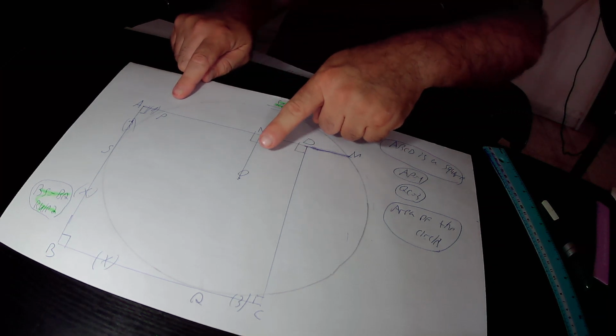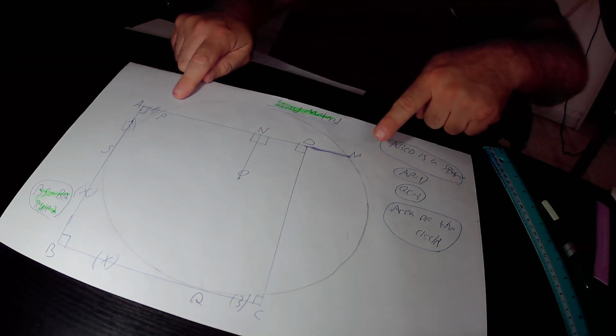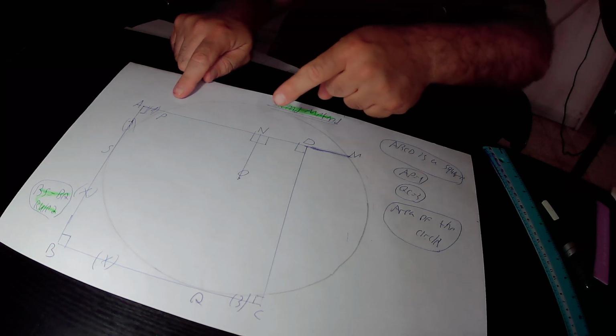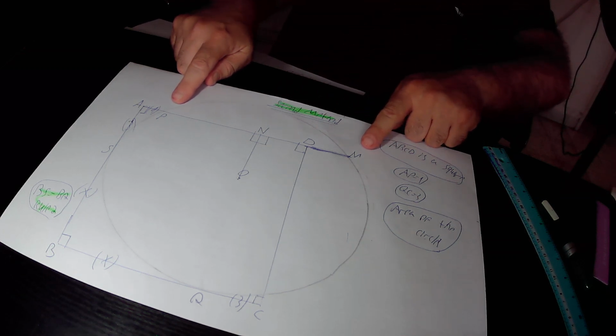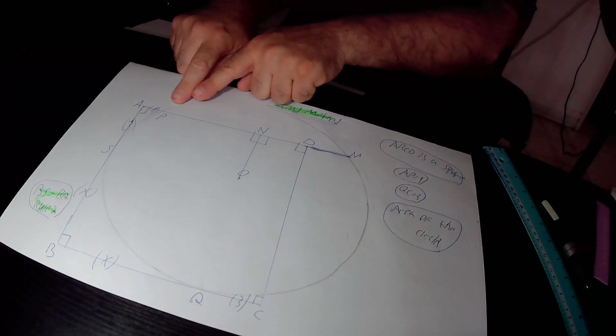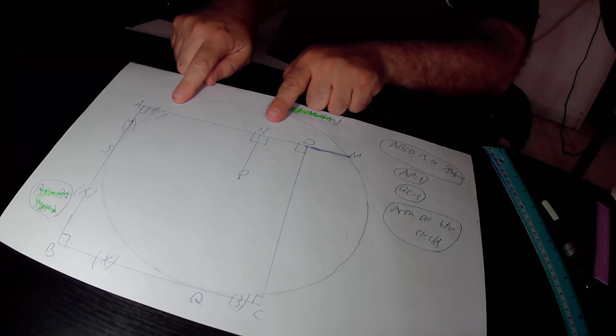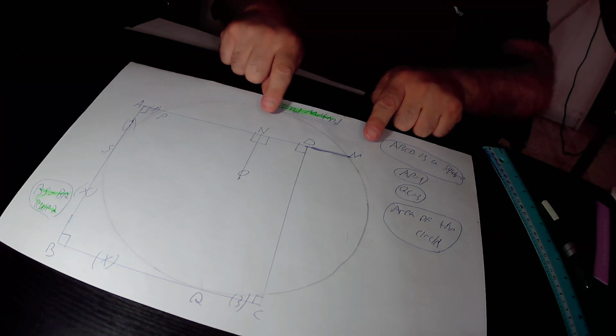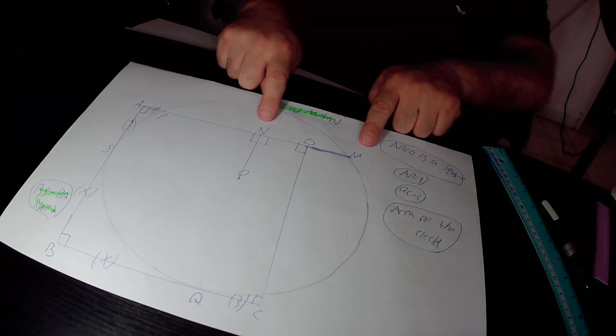That is to say, perpendicular ON divides chord PM into two halves. Each half equals PM over 2. So the first half is PN, equal to PM over 2, and the second half is NM, also equal to PM over 2.